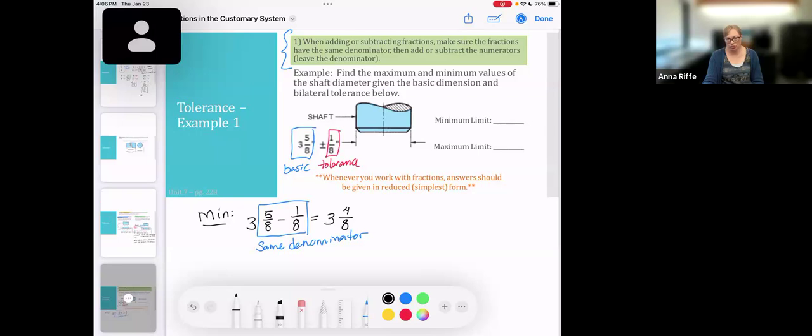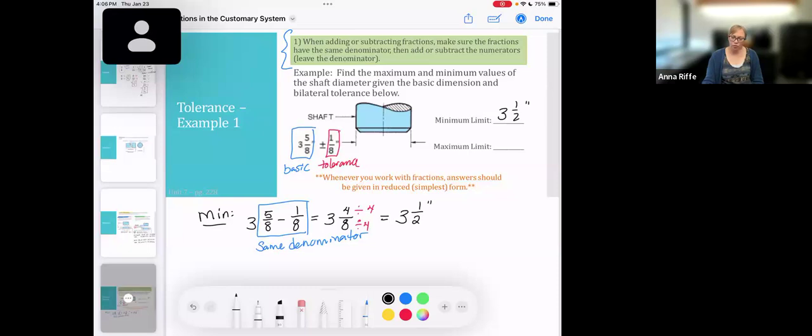It does not change. So 3 5/8 minus 1/8 is 3 4/8. We just talked about reducing fractions. We should probably try to reduce that fractional part. We can divide the top by 4, divide the bottom by 4. That gives us 3 1/2 inch. So that is the minimum limit.